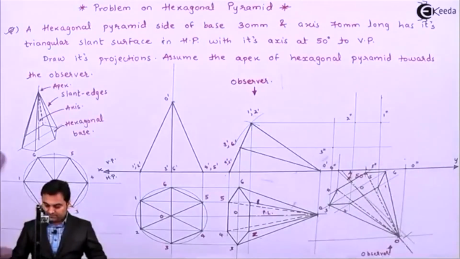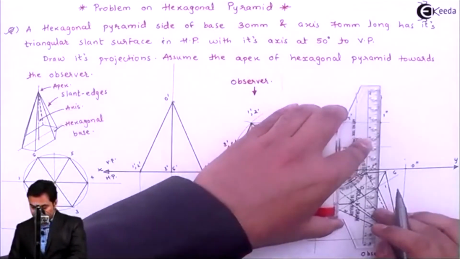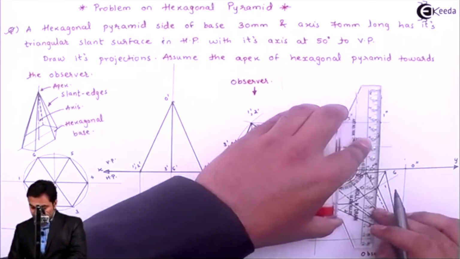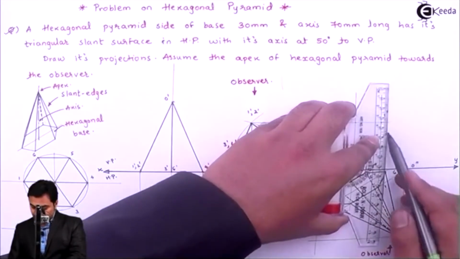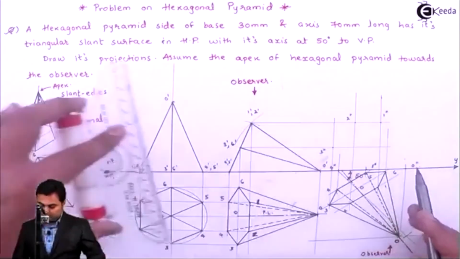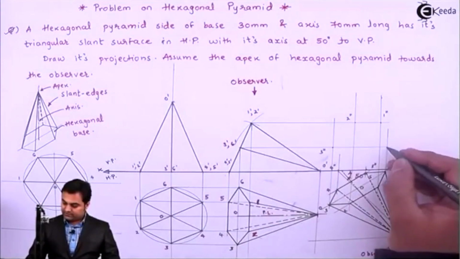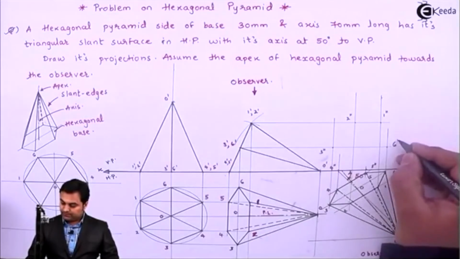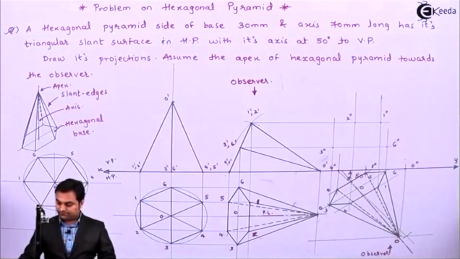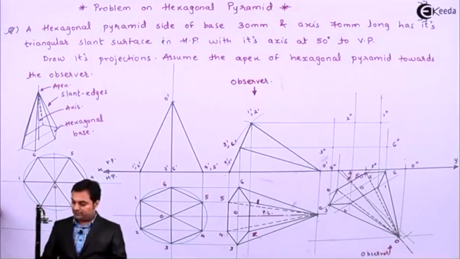Then point 6, so point number 6 from the top view, and point 6 dash from the front view, wherever they intersect, that is going to give me the point 6 double dash. Then joining them in the proper sequence with care of visibility.